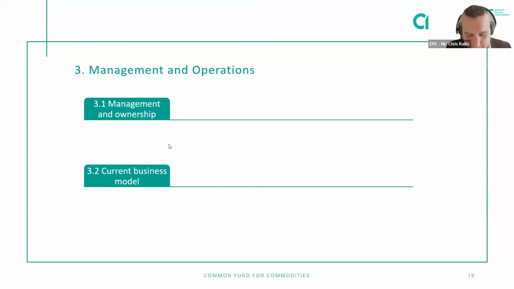maybe the names of the people, and also their job title. Now, in addition to this information, what we would like you to do is also provide us with information about who the shareholders of the company are, if there are any, and how the ownership of the company is divided between shareholders.